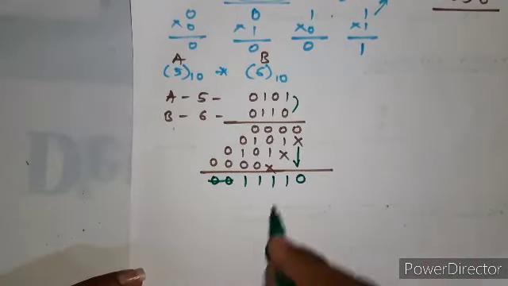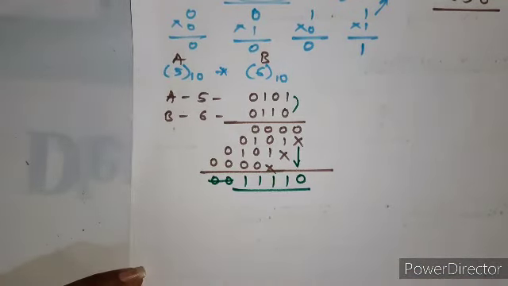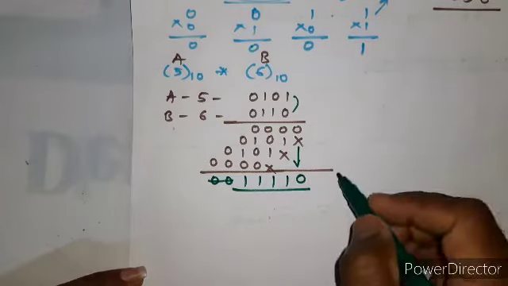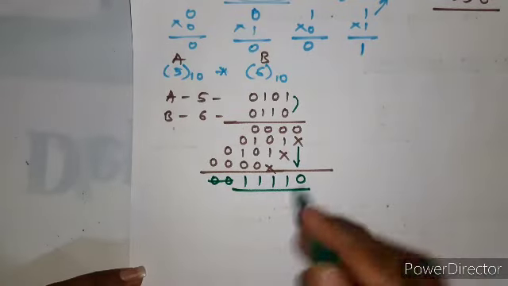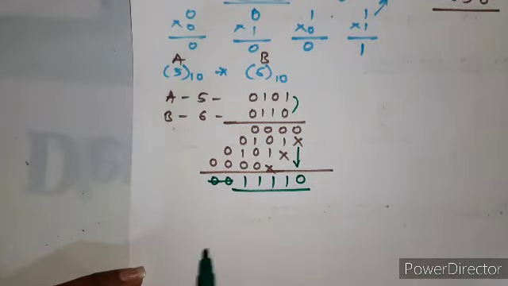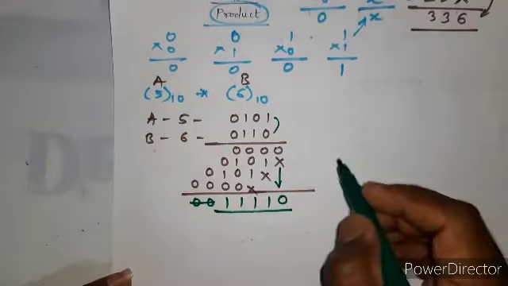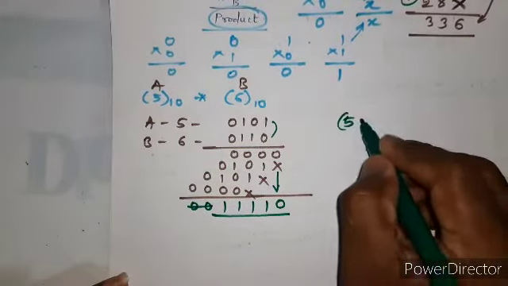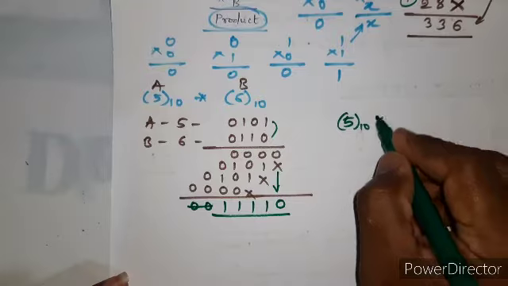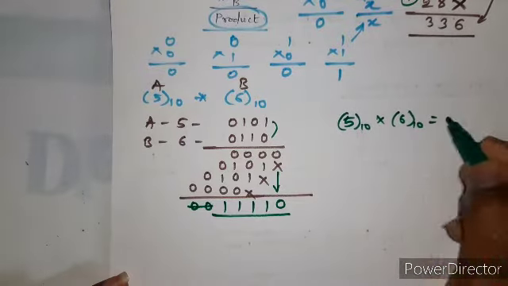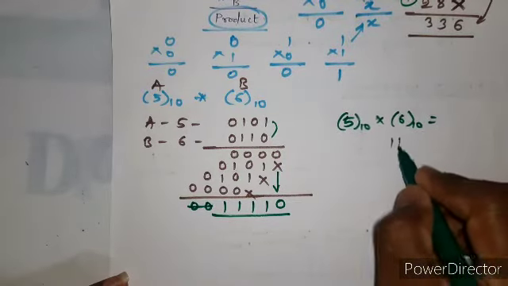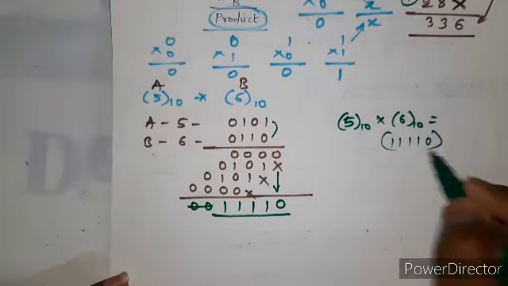We can neglect this, and then we have 1 1 1 1 0. So 5 decimal into 6 decimal equals 1 1 1 1 0.